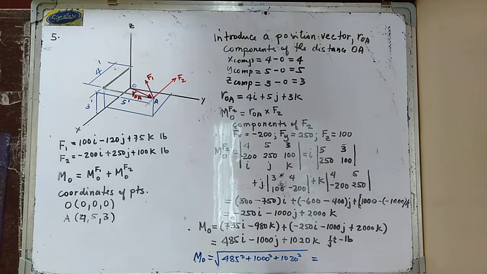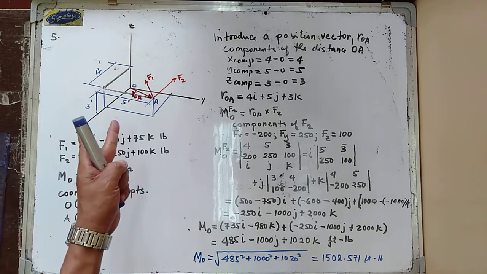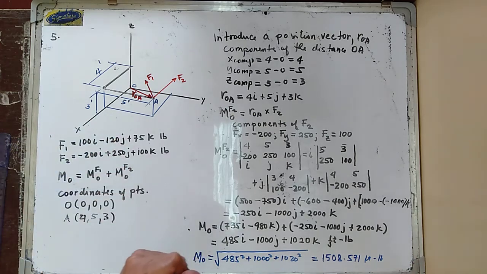So that is equal to 1508.571 foot-pounds. So that is the scalar value of the moment of the two forces, F1 and F2, about point O.